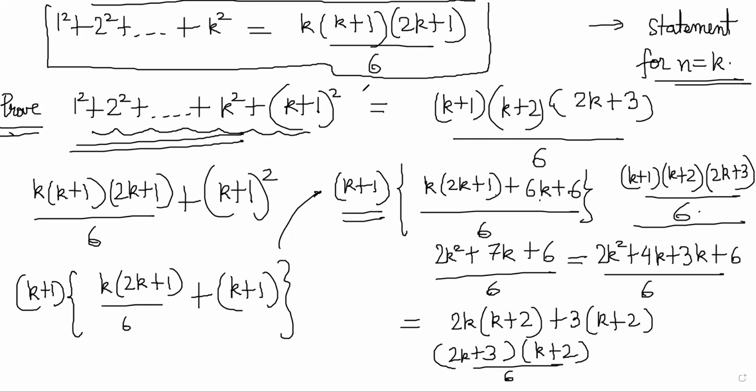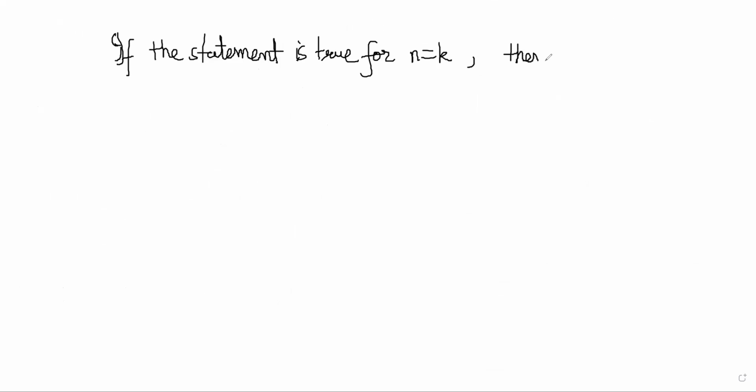So basically what we have just shown is that if the statement is true for n is equal to k, it is also true for n is equal to k plus 1.